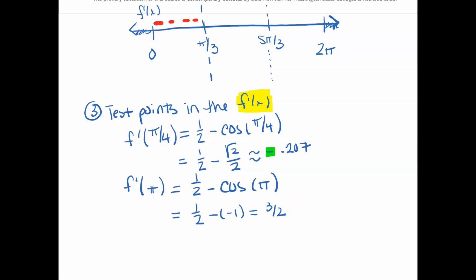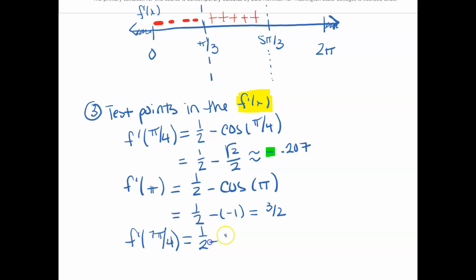And again, I'm just concerned that that's positive, so I can come up here and say, okay, it's going to be positive slope in between those two. And then I'm going to pick something in this last interval between 5 pi over 3 and 2 pi. Let's do f prime of 7 pi over 4.